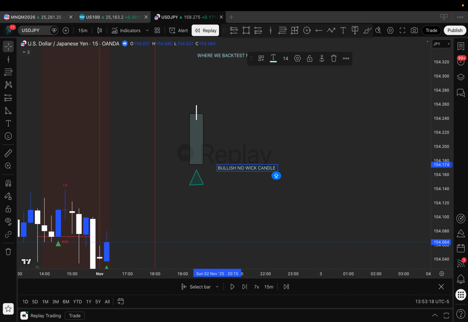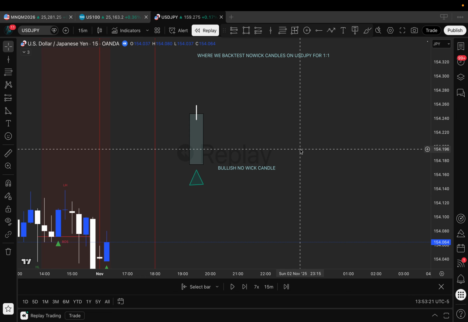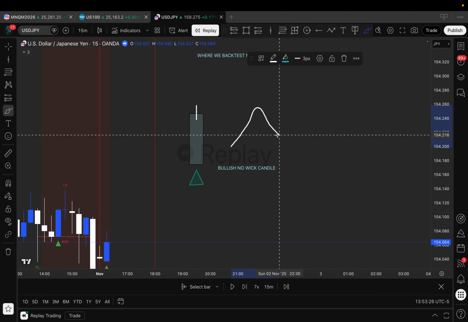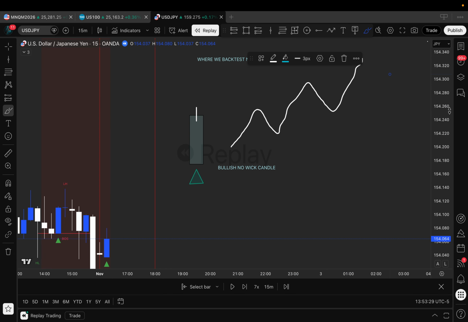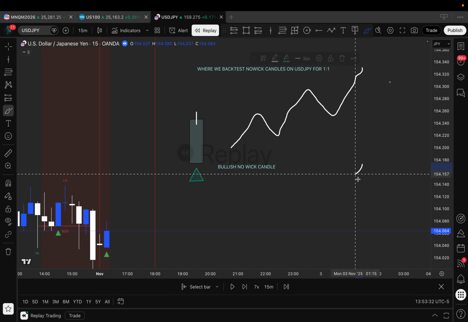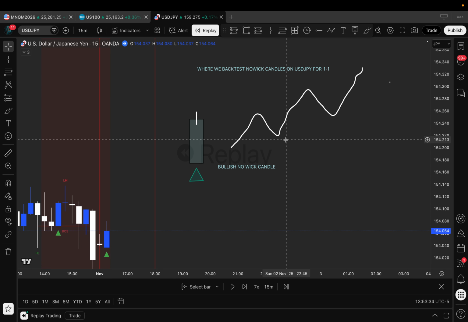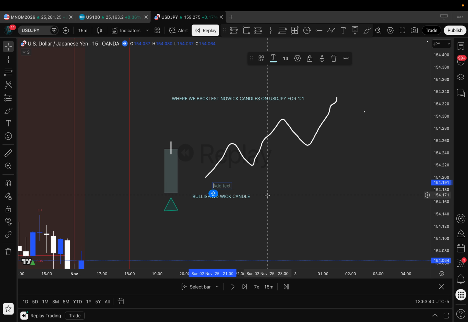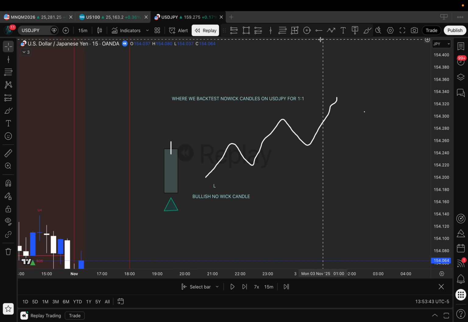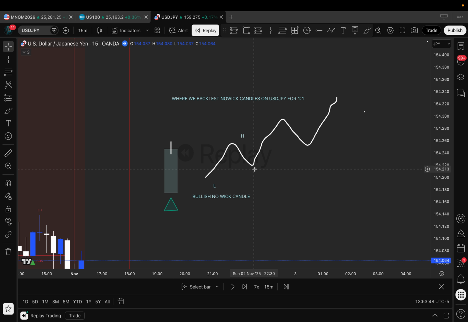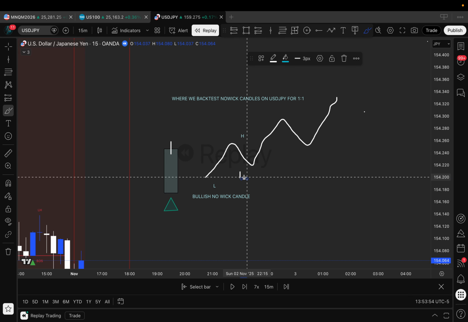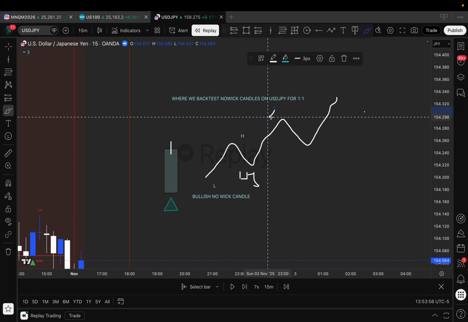And what we do if the market prints this candle in an uptrend, where the market forms a low and then a high, and then a higher low, and a higher high.